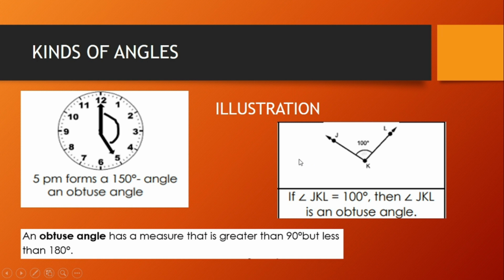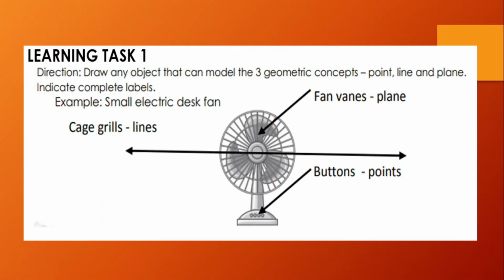Okay? So, for learning task number 1, try to draw any object that can model the three geometric concepts. So, we have your point, line, and plane, and indicate complete labels. Example ko dito is small electric desk fan. If gusto nyo talaga mag-practice, you can do this learning task number 1 wherein you will just draw any object na meron na three geometric concepts na diniscuss natin, which are the points, lines, and plane.